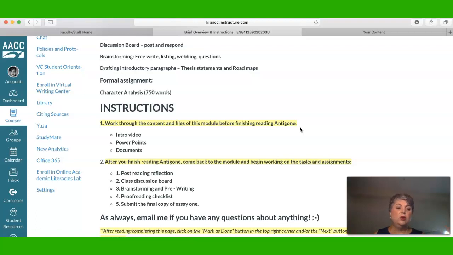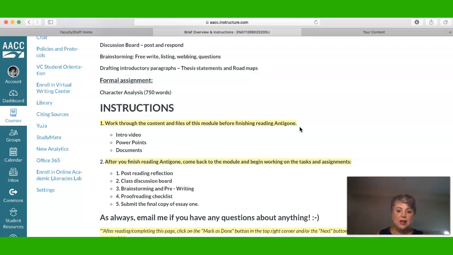This is all course or module information, documents, files. And I want you to look through and look over that before you actually finish reading Antigone. And the reason why is because that's going to tell you a lot about what you need to focus on while you're reading Antigone. It's going to give you some insight while you're in the process of reading and reviewing the text.